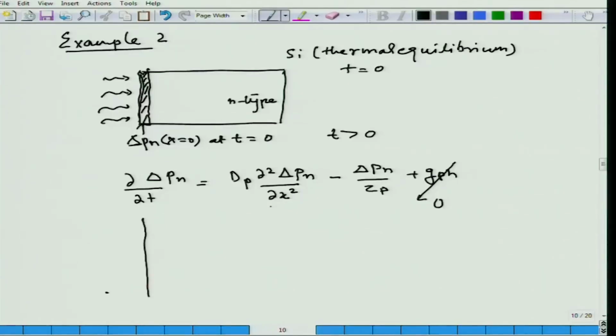If I plot the solution as a function of time and x, the concentration of holes initially, at time t equal to 0, is a step function, and as the time progresses this is going to diffuse.